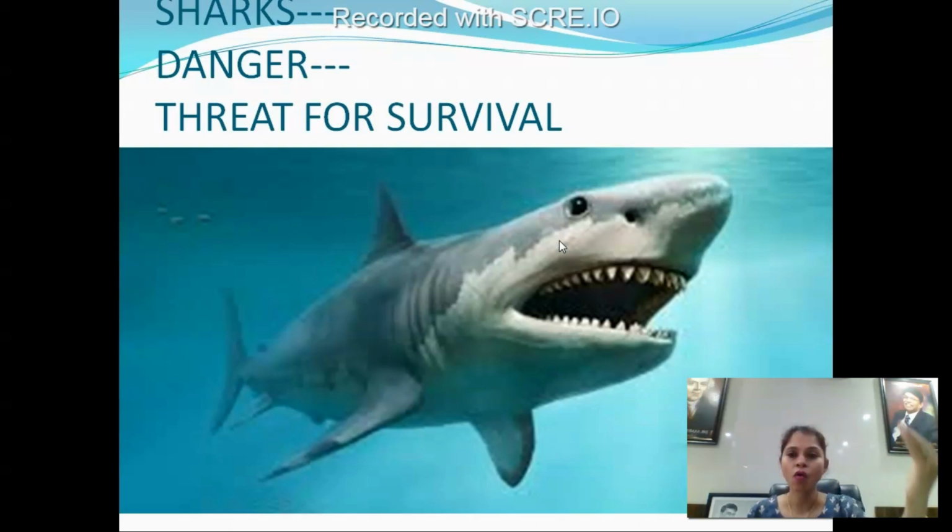I want to grow, I want to enlarge, I want to be very strong, I want to rule. So the shark came. The animals started becoming gigantic. They increased in size and became huge, because the food material they had was abundant, so they could survive to this extent, and the huge sharks came up.